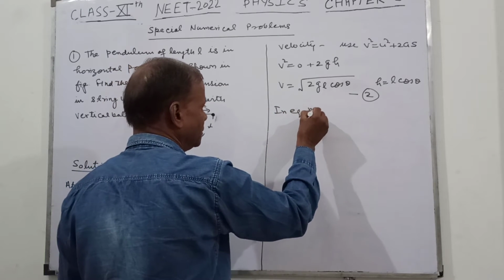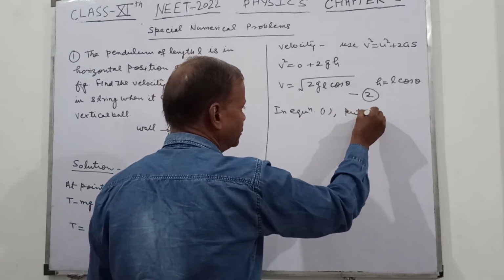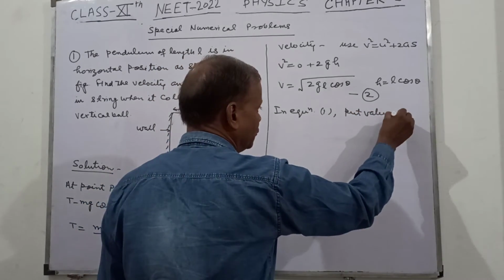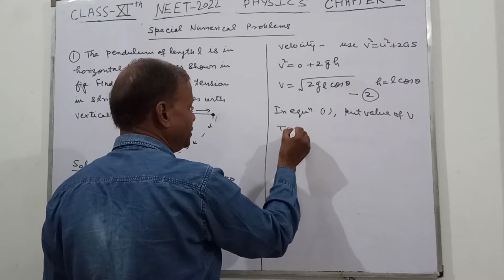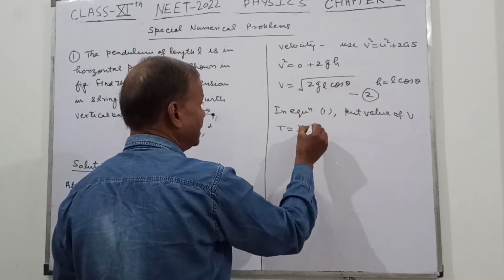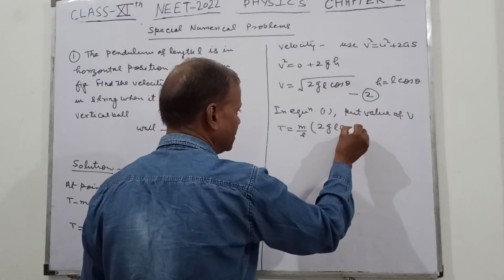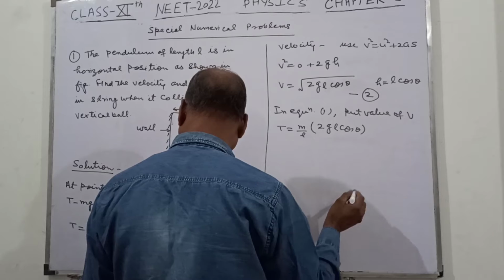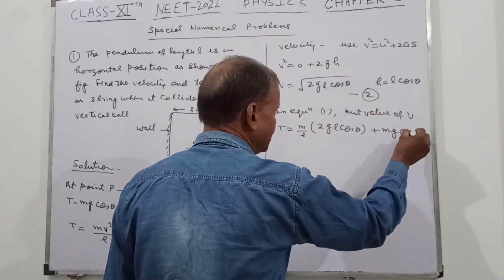In equation 1, put the value of v. So we will have T equal to m upon L into 2gL cos theta plus mg cos theta.